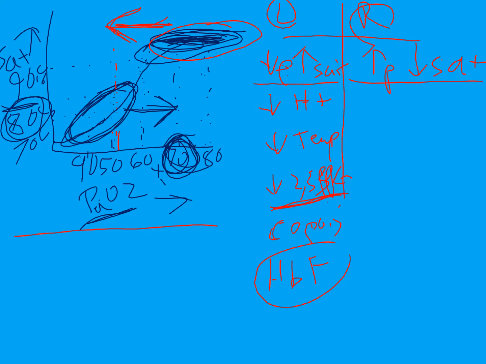When we're looking at a right shift, it's going to be the opposite, right? In the right shift, we have a high pressure for a low saturation. So we're seeing things that would cause an increase in hydrogen ions. So this would be an acidosis, right? Hydrogen ions, acidosis. I was trying to write acid there, but it's not going to do it for me.